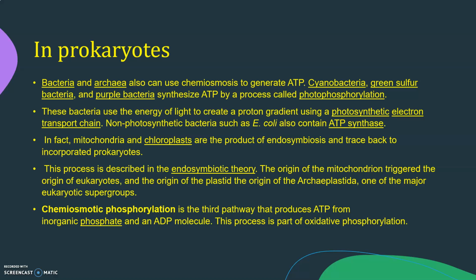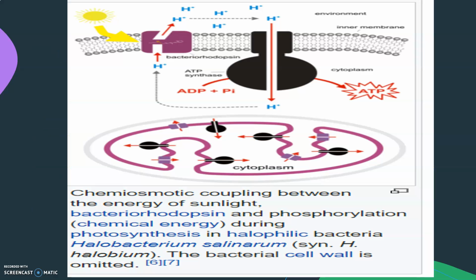The origin of the mitochondrion triggered the origin of eukaryotes, and the origin of the plastid, the origin of Archaeplastida, one of the major eukaryotic subgroups. Chemiosmotic phosphorylation is the third pathway that produces ATP from inorganic phosphate and an ADP molecule. This process is part of oxidative phosphorylation.